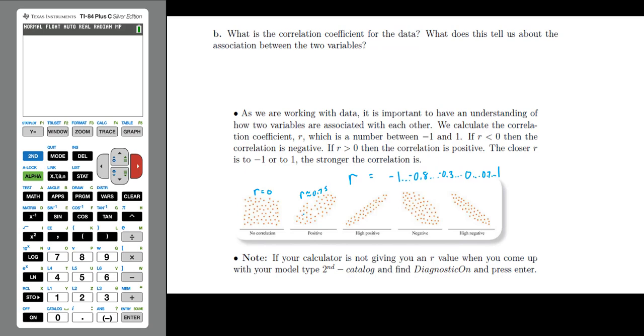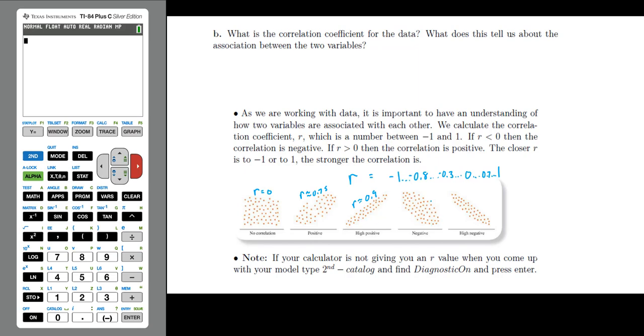It's positive because there's definitely a positive slope, but it's not a super strong correlation, right? The data isn't too tightly compact together. Whereas this one right here might be something closer to like R equals 0.9, right? So it's positive because there's a positive slope, but the data is a lot more tight. In other words, I'd feel more comfortable making predictions about my Y based on my X.